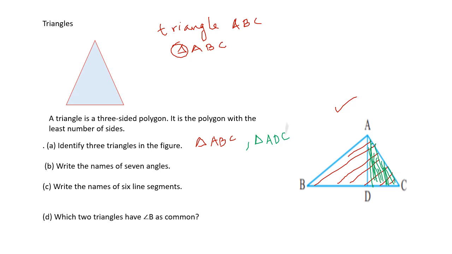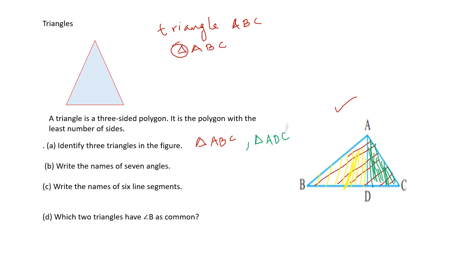From where will we get the third triangle, children? The third triangle, it is over here. Can you see the third triangle? Which is the third triangle? It is triangle ADC. If you are not able to see it clearly, let us change again.